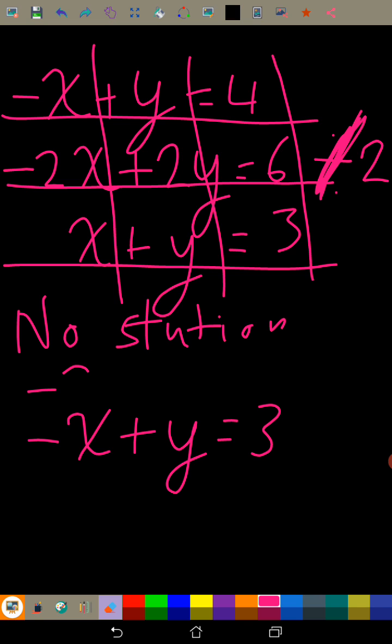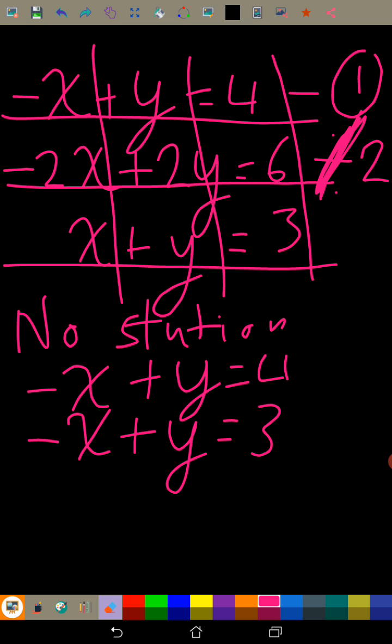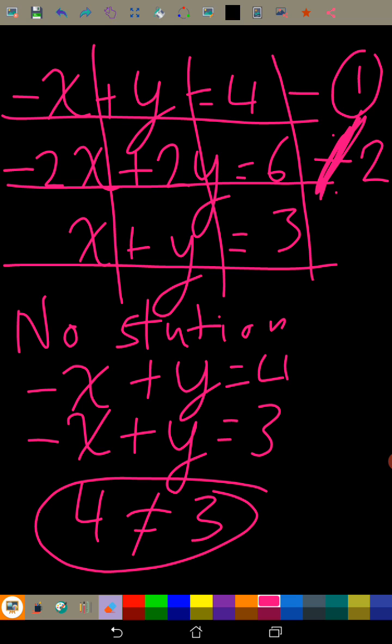But just above, in equation 1, you have the same thing, minus x plus y is equal to 4. So 4 is not equal to 3. So we cannot solve this because they give different values. So then we say that this system of linear equations has no solution.